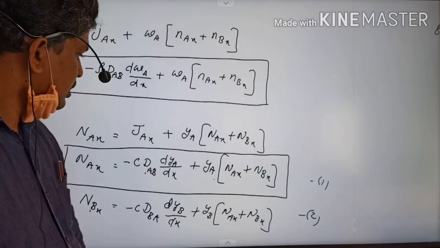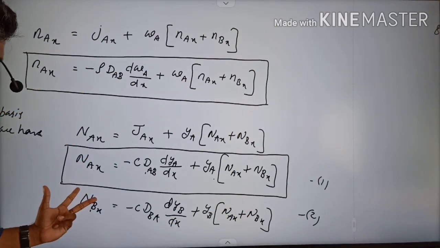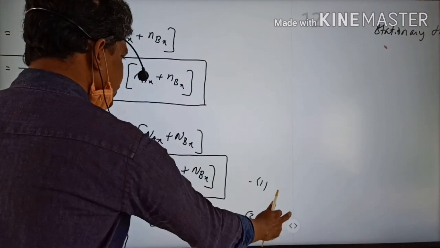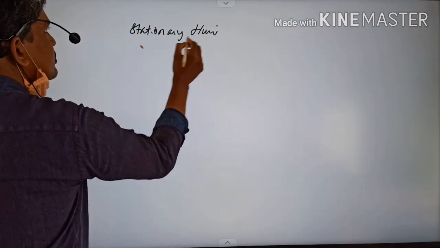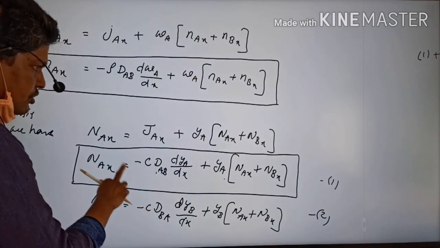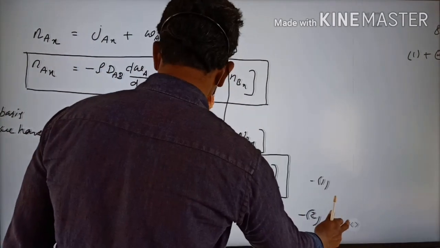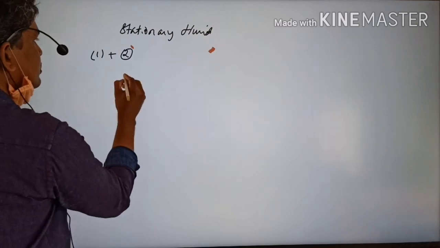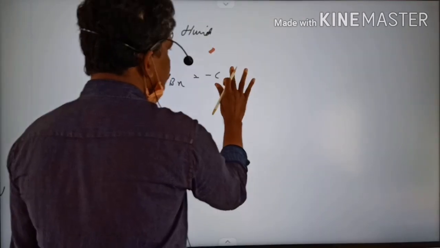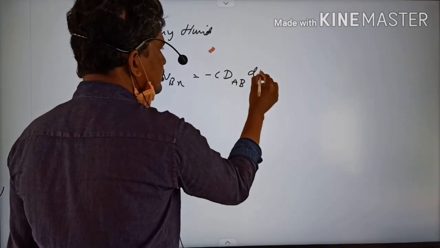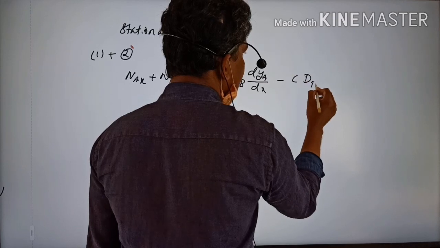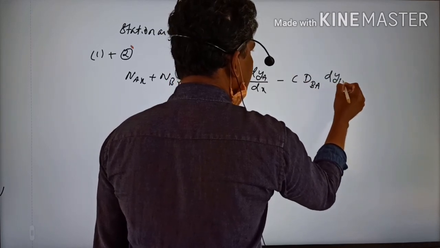This term becomes 0. And you add these two equations. So for a stationary fluid, if you add 1 and 2, you will get NAx plus NBx, which is equal to minus c DAB into dyA by dx minus c DBA into dyB by dx.